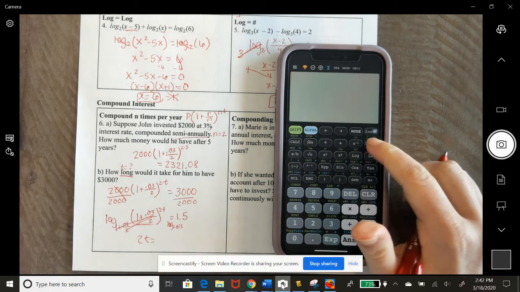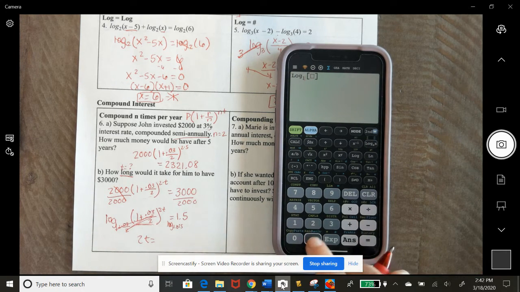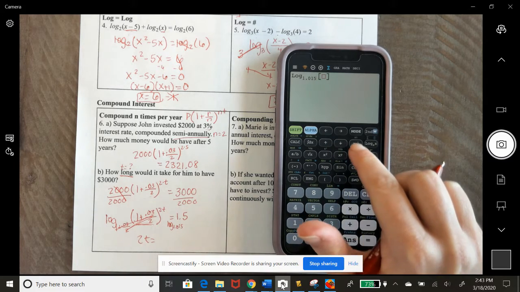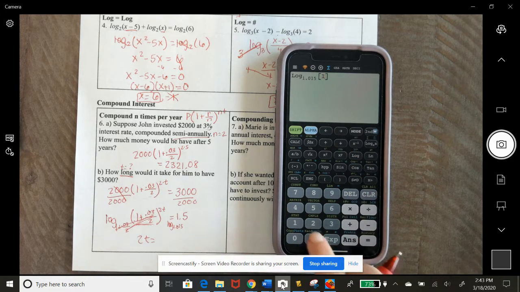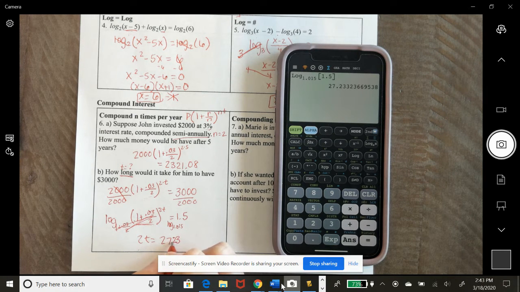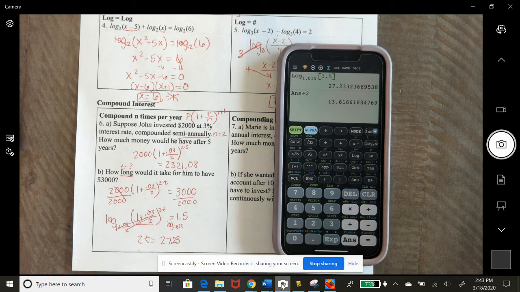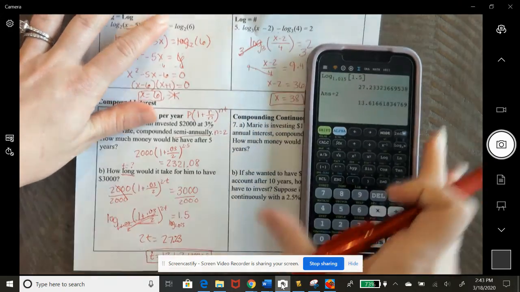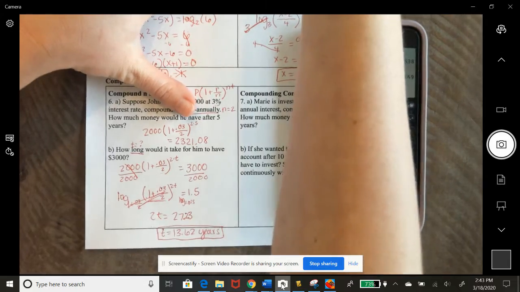So in our calculator, we would do log base 1.015 of 1.5, and that gives me 27.23. And then I still have 2t on the left, so I need to divide that by 2. And so that'll give us about 13.62 years. Okay, so that would be solving for our exponent there.